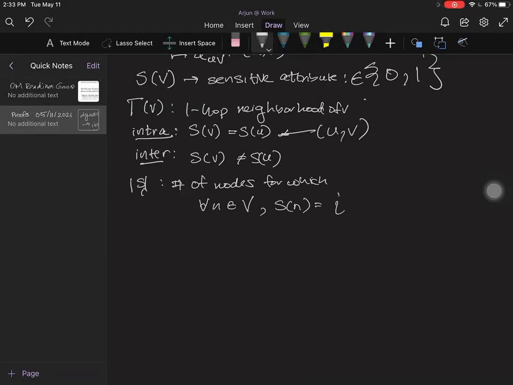So it's the number of nodes for which, when you plug in this node into that S function, it returns the i-th sensitive attribute, whatever i represents. So you might have S0 and S1. S0 would be the set of all nodes that have sensitive attribute 0, and S1 would be the set of all nodes that have sensitive attribute 1. And then we're just taking the cardinality of these sets.